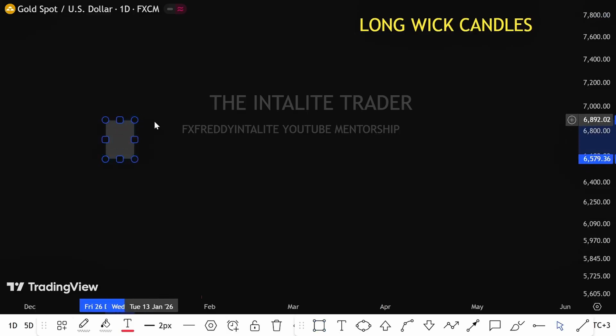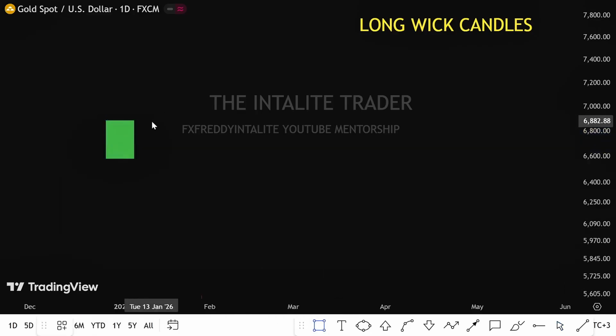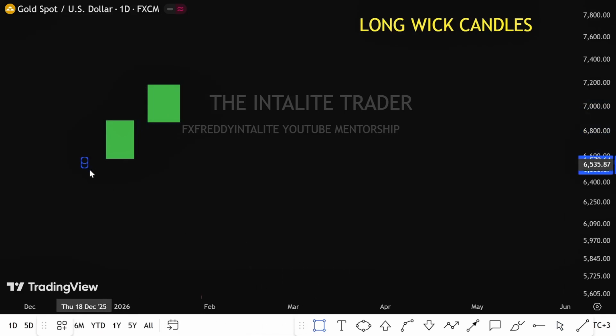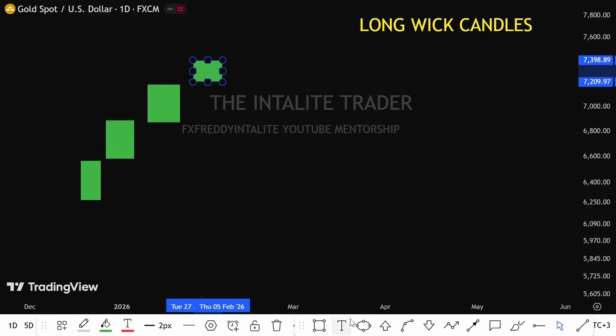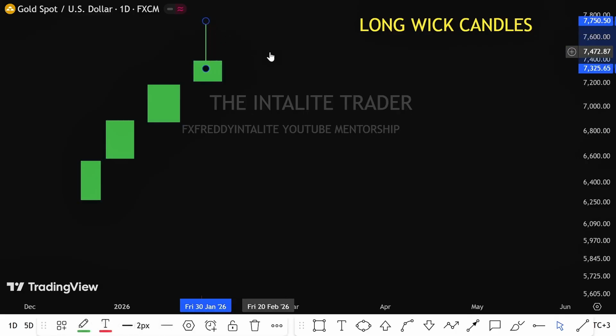Let's say you have price which is in an uptrend, and then you get a candle which has a long wick sticking out in the opposite of the moving trend. This is a long wick candle.